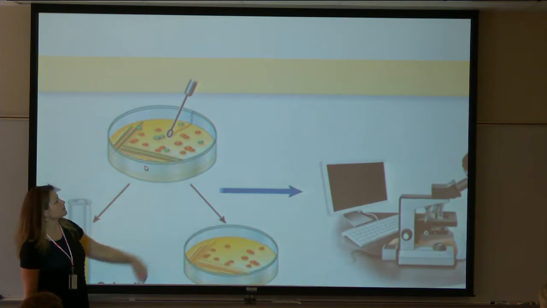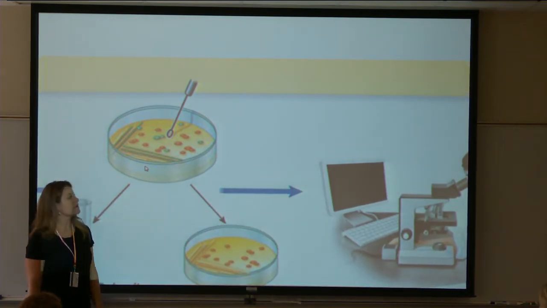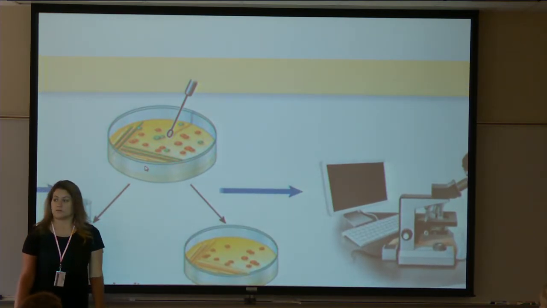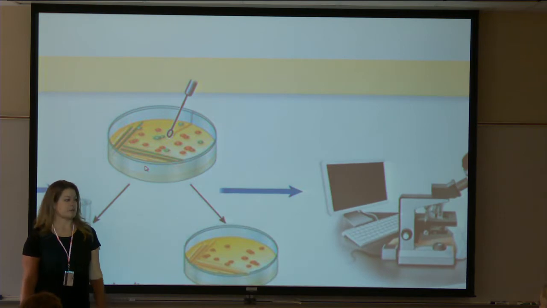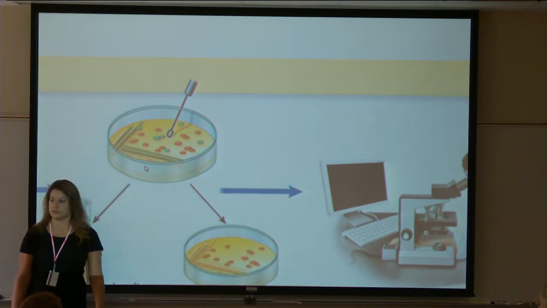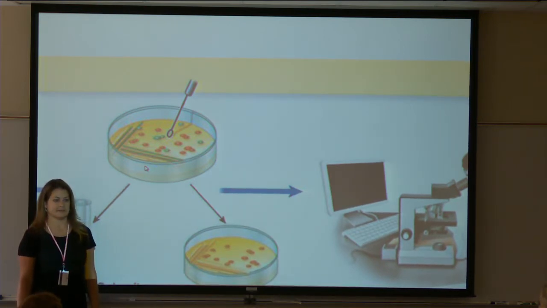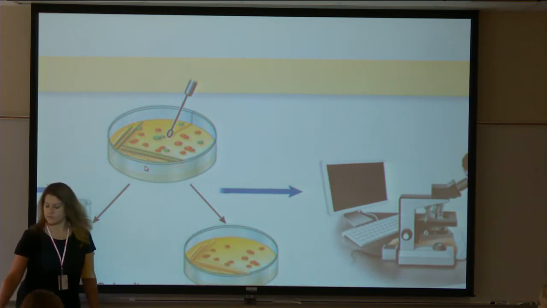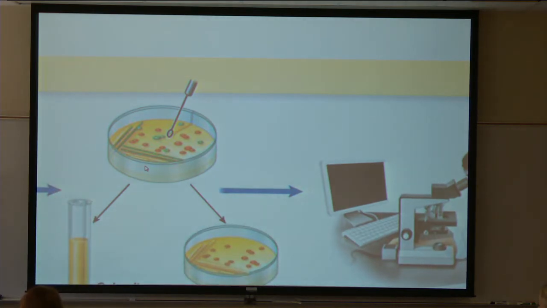There's a few different colors going on. Bottom line, there's more than one. This culture, you would call a mixed culture. So you should jot down in your notes that a mixed culture contains more than one type of bacteria.